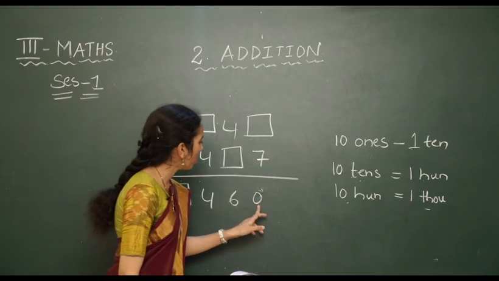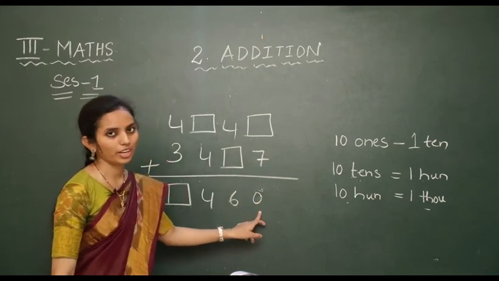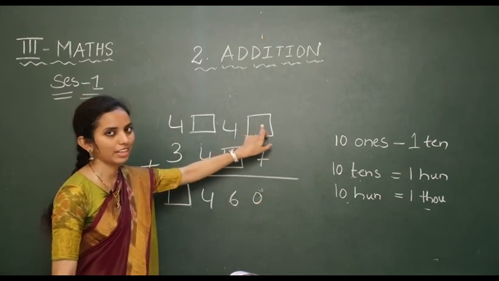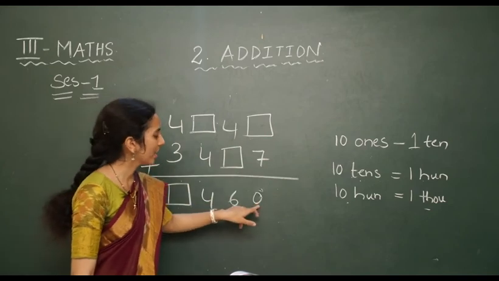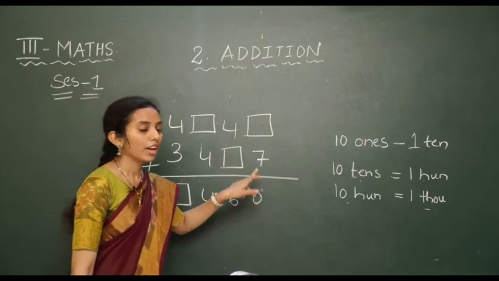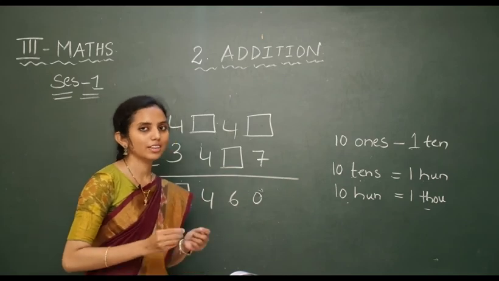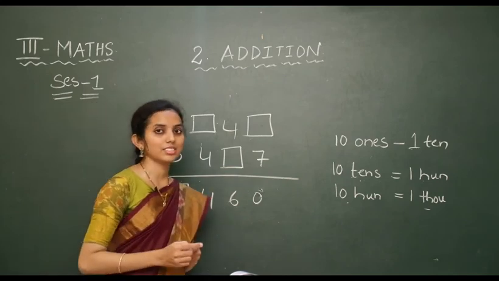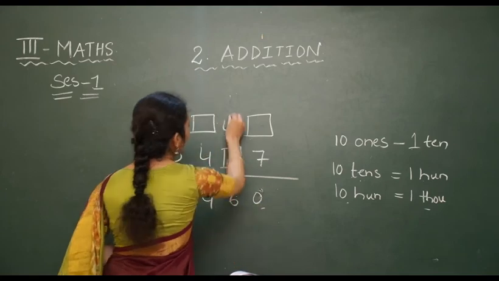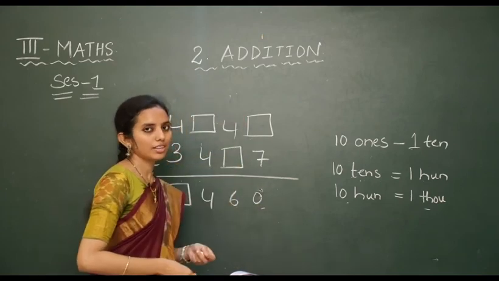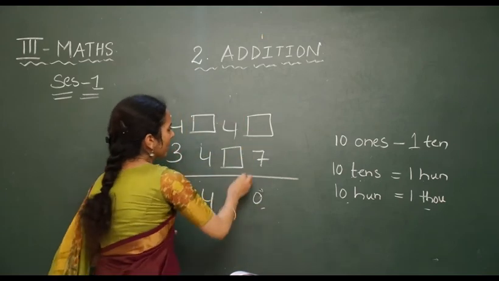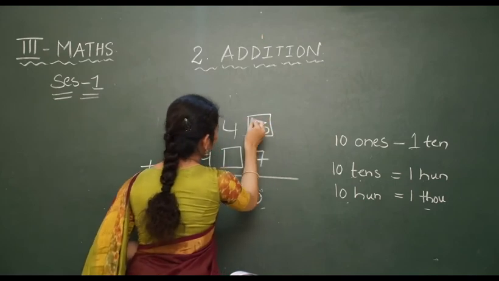If we want to get 0 here, what number should be there? What makes 0 here? If we add 3 to 7, we get 10, and if the result is 10, we can write 0 here and carry 1 to the tens place. So the missing digit here is 3.